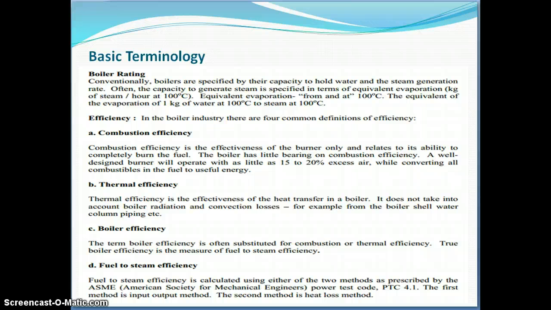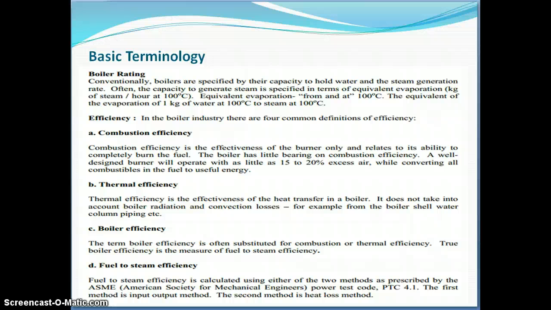Coming back to the boiler efficiency, basically it is the ratio of the heat absorbed by the steam from the boiler per unit time to the heat liberated by the combustion of fuel in the furnace during the same time.